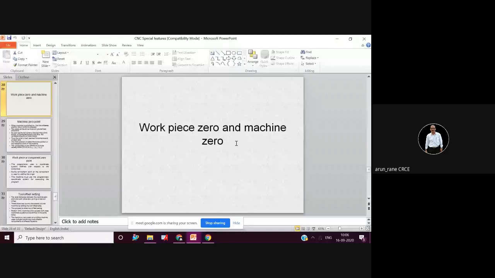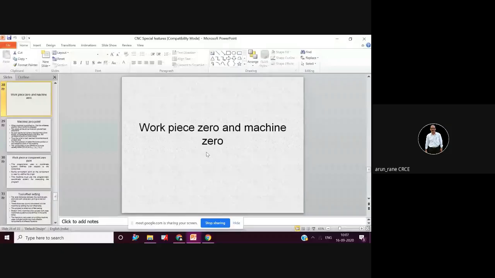So yesterday we were discussing workpiece zero and machine zero. So what is workpiece zero and machine zero? Machine zero means that for any CNC machine, before you start, you have to take the machine to the home position or the reference position.